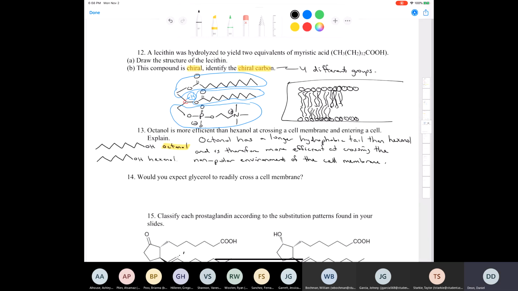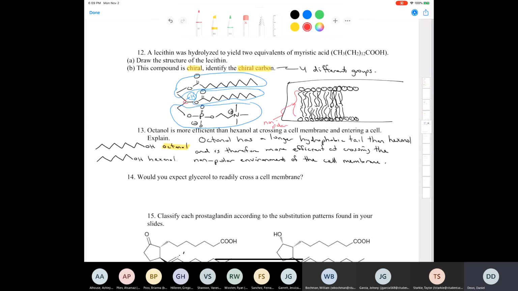Okay, well, all those hydrocarbon tails that point down there, those are all nonpolar. Okay, this is all nonpolar. And so in order for a molecule to efficiently cross through the cell membrane, it has to be nonpolar enough to get across.